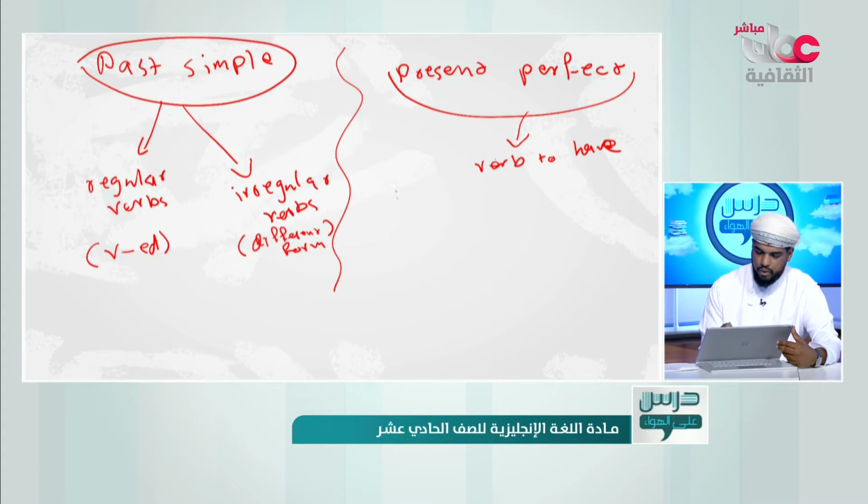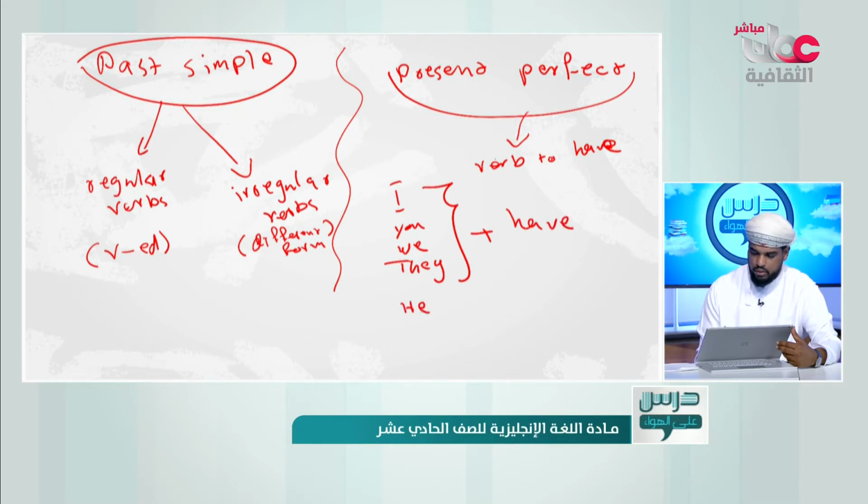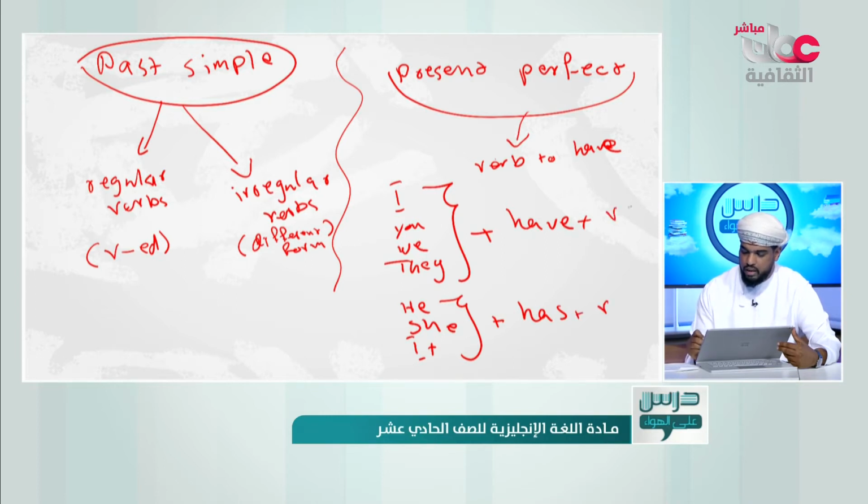and as you know, with I, you, we, they, we use have, and with he, she, it, we use what? Bravo, has, plus the verb, and the verb should be in the past participle.